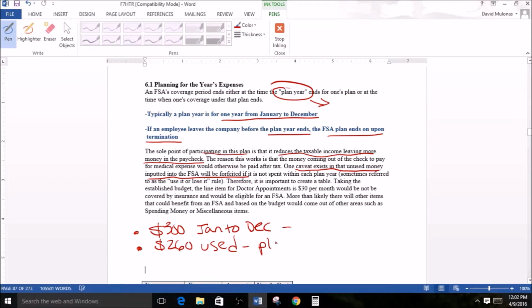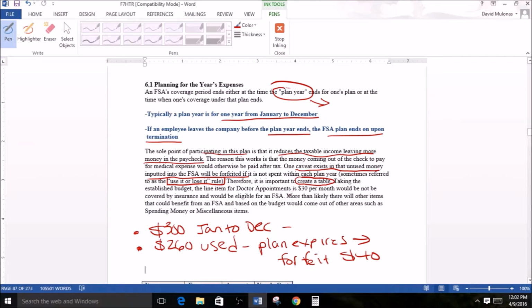So we say the plan expires, and that means forfeit $40. Now, in this loose example, is that a lot of money? No. But again, we don't like to give money away to anybody that we don't have to. So, in other words, basically it is, as written here, a use it or lose it rule.